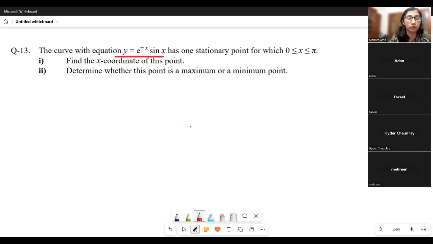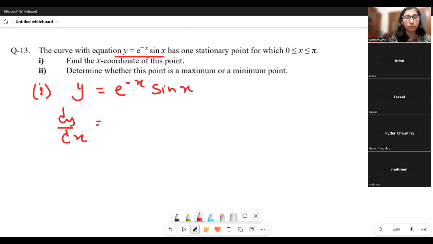Differentiate this and equate it to 0. So part 1, we differentiate e power minus x sine x. So dy over dx. We have to use the product rule here. We start with differentiating e power minus x, and the derivative of e power f(x) is e power f(x) times f prime x.